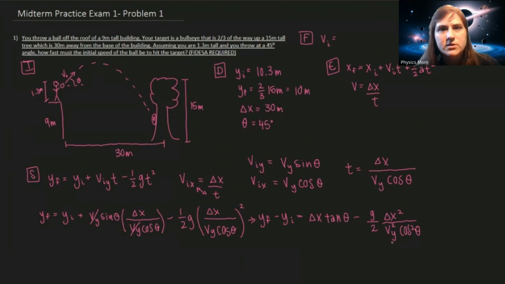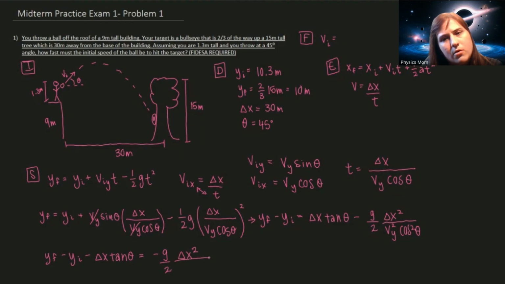Now, my goal is to isolate v, get it all by itself. So I have to undo things, think back to our order of operations. I'm going to subtract this to the other side. So I get y final minus y initial minus delta x tangent theta is equal to negative g over 2 delta x squared over v squared cosine squared theta.